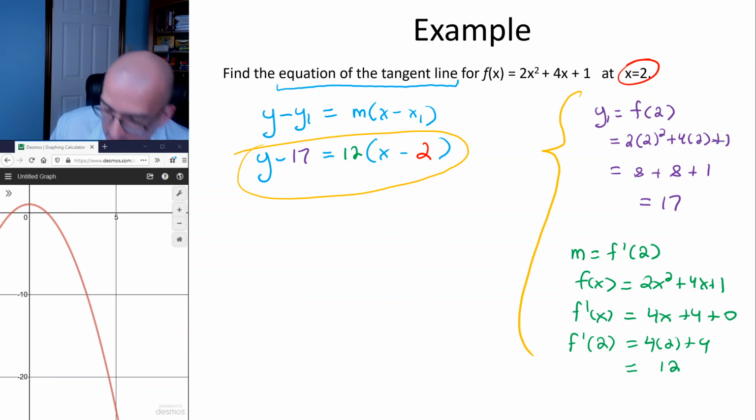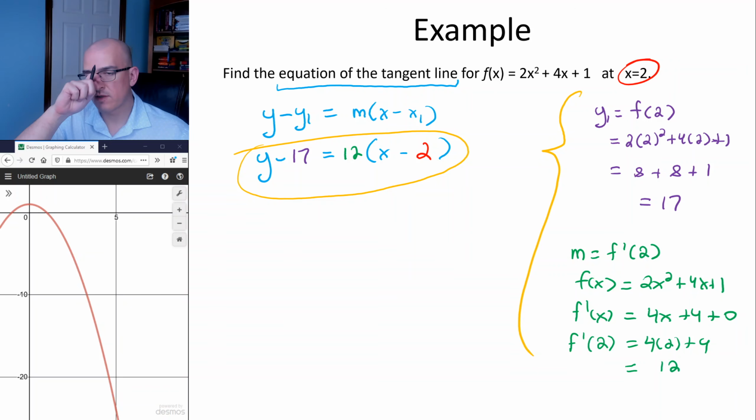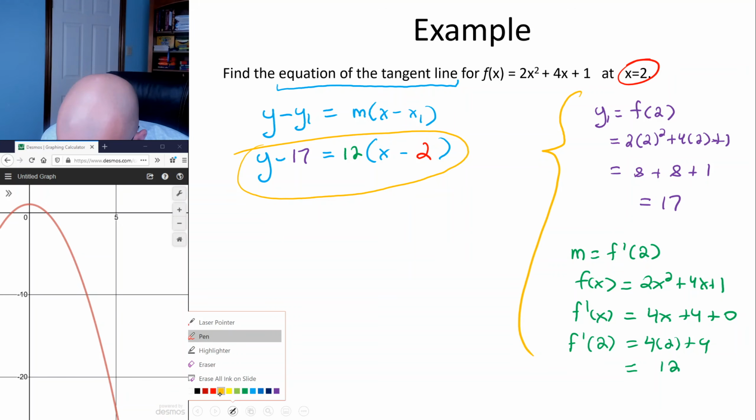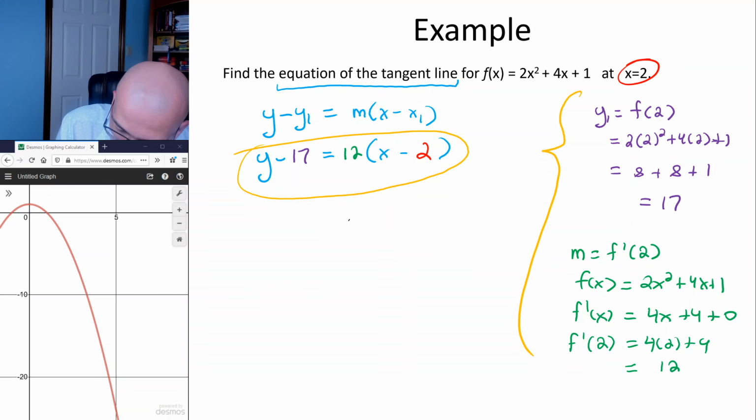We plugged that data into the expression for the line. Now this is what you might see in the back of the book, or other things that some students are using to learn. It may be written in a different way. y minus 17 is equal to 12 times x minus 2, so 12x minus 24.